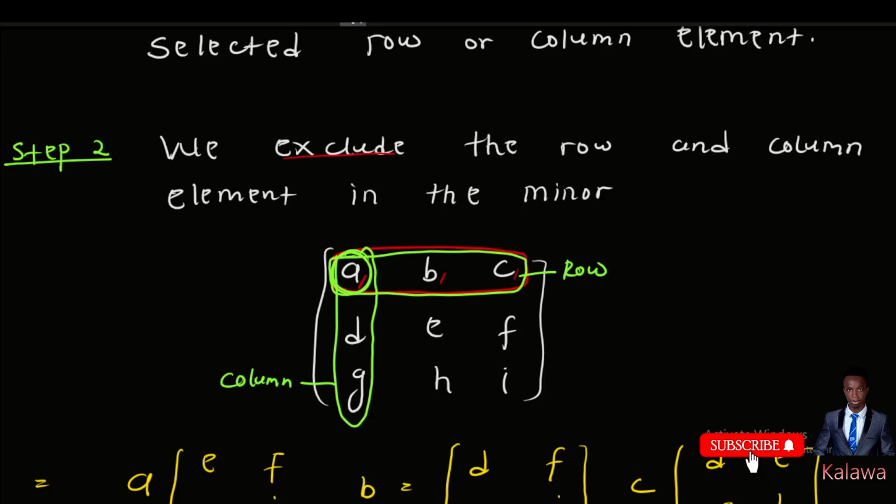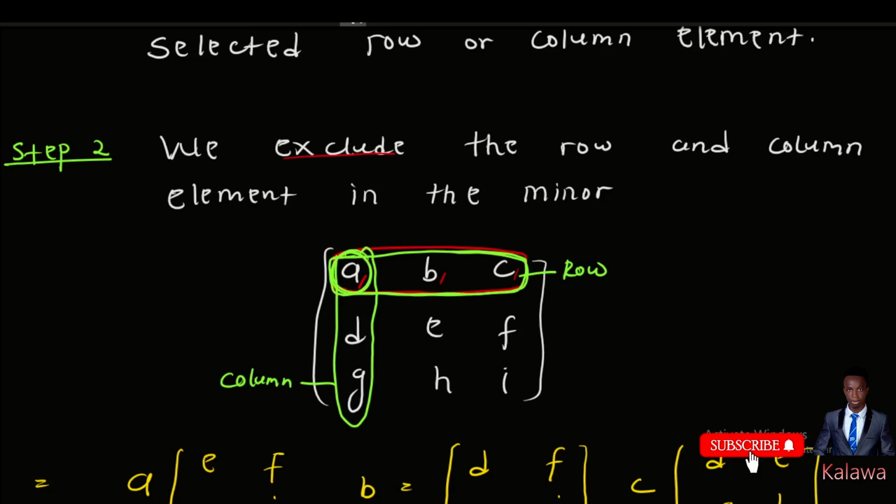So if I have taken the row out, remember one thing: each element in this matrix, in a 3x3 matrix, is always connected by a row and also a column. It is a must. That particular element must connect with a row and a column.